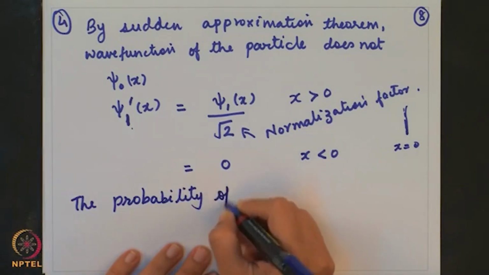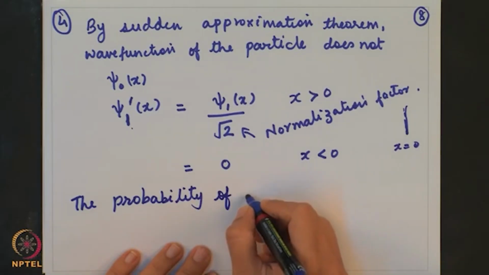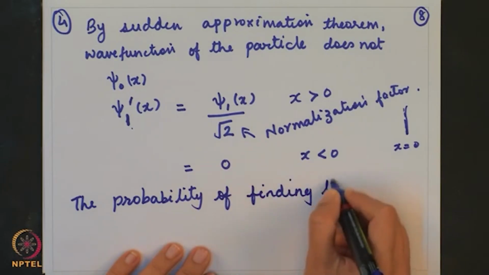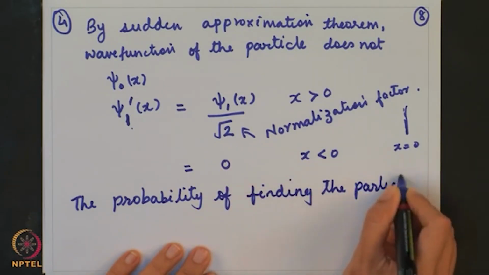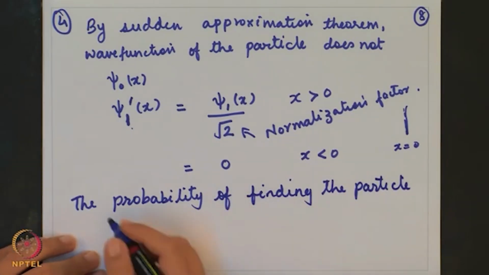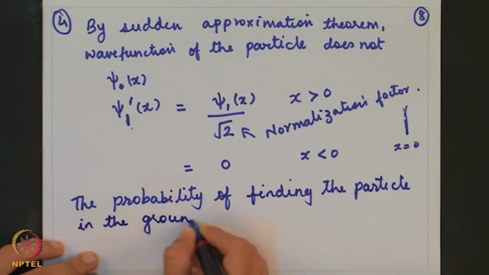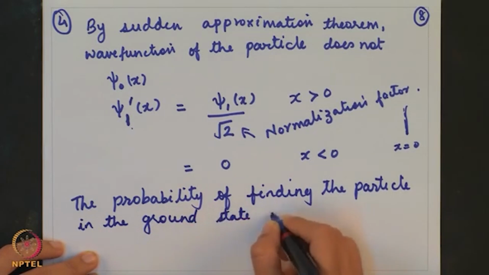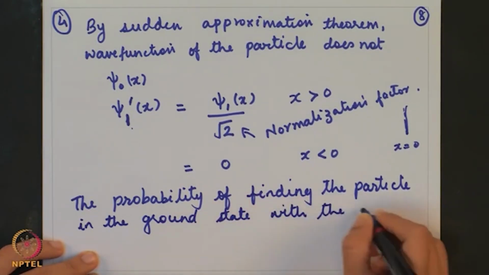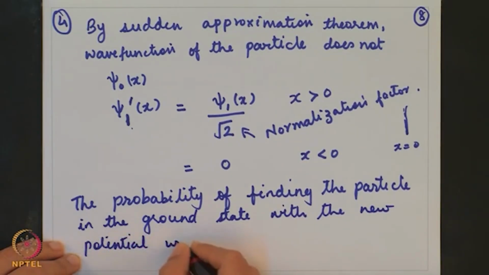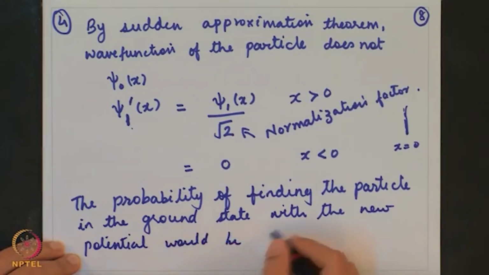So, the probability of finding the particle in the ground state with the new potential would be, in general, how do we write the probability?